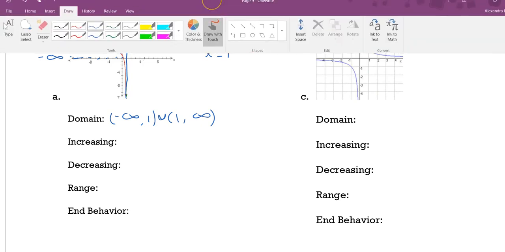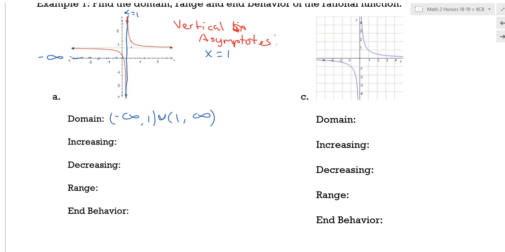Now I want to know, is my graph increasing or decreasing? So I usually look at the pieces, right? It's portions of your domain. On this piece, negative infinity to 1, right? I think we should see from here to here, my graph drops, so it's decreasing. And then I'm going to look at my other side. From here to here, again, it's going from a higher point to a lower point.